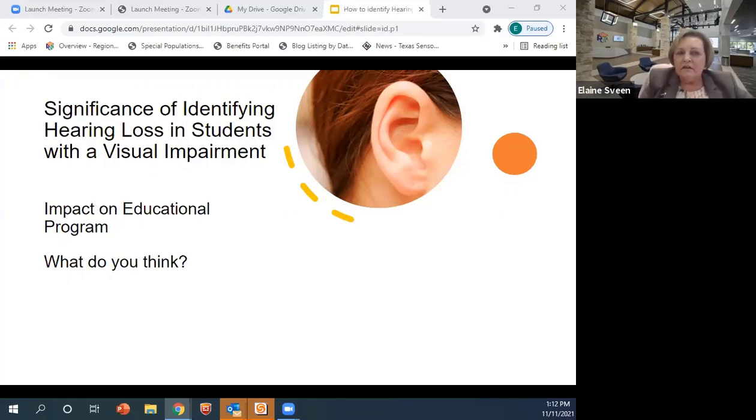That's the way it is in the adult arena as well as in our educational arena, that we need to tweak our thinking more to what is the functional impact of vision or hearing loss on the child's educational performance. And is there something we can do about it?